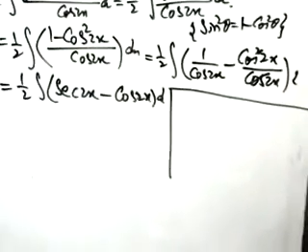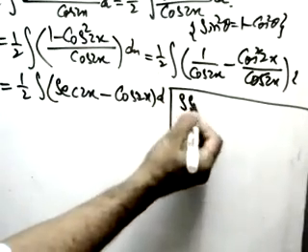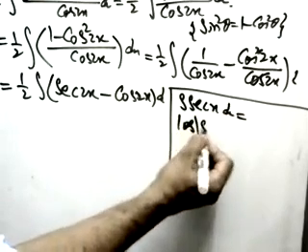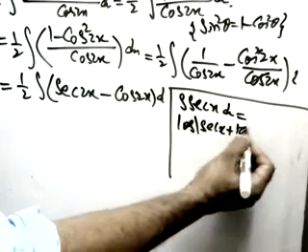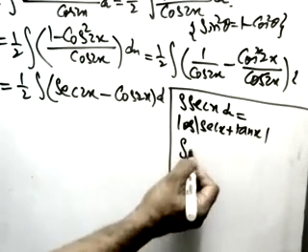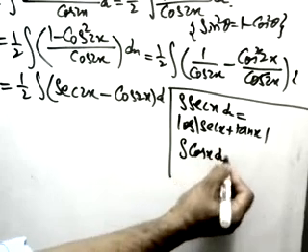You see here, you must know the basics always. Integration of secant x is log of mod secant x plus tan x. Integration of cos x is sin x.